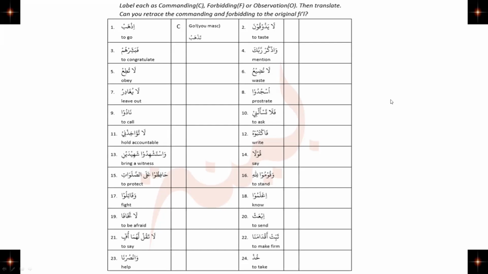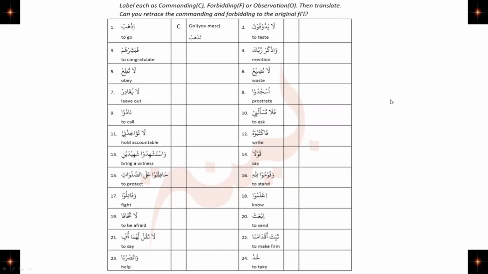These pronouns are the only ones that can be commanded. I'm not saying you'll have to have the harf ta. I'm saying that only the pronouns in the middle, like anta, antuma, antum, anti, antuma, antunna, are the only ones that can be commanded and also forbidden.